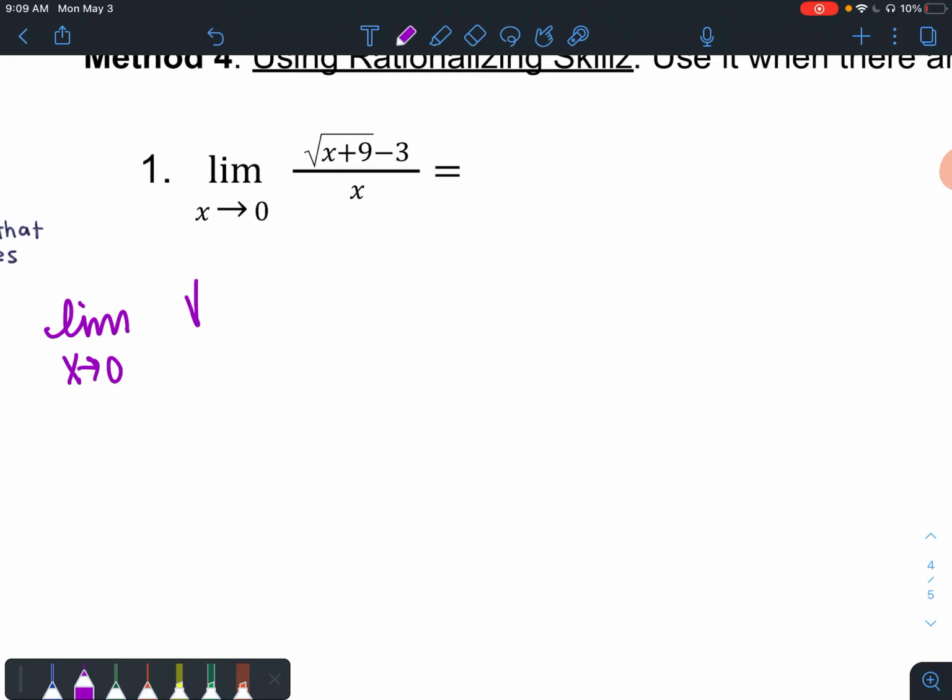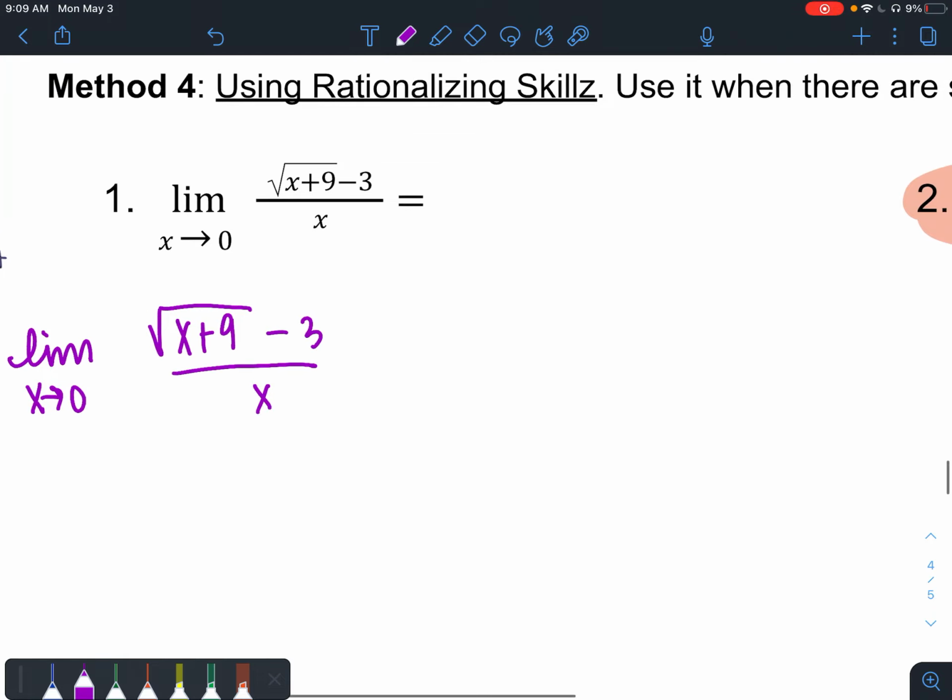So if I have square root of x plus 9 minus 3 over x, I need to multiply by the conjugate, and I'm multiplying by the conjugate because I can't plug 0 in.